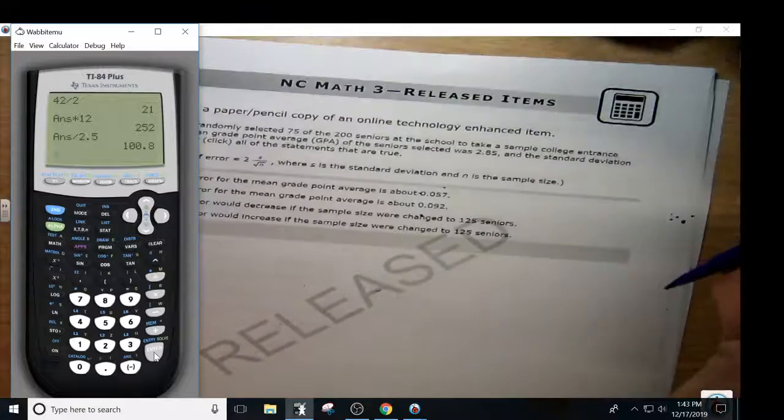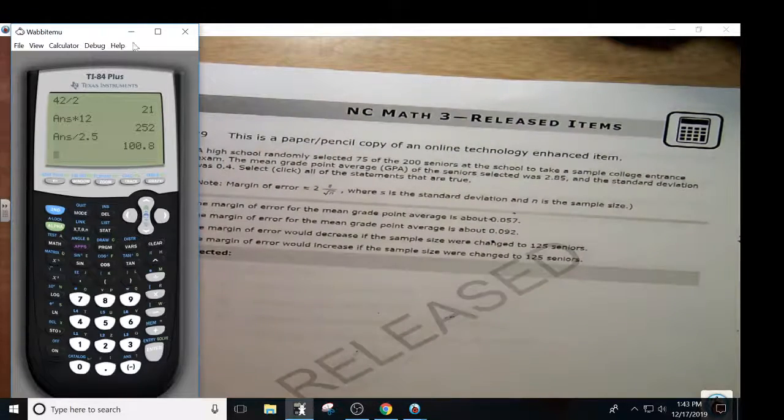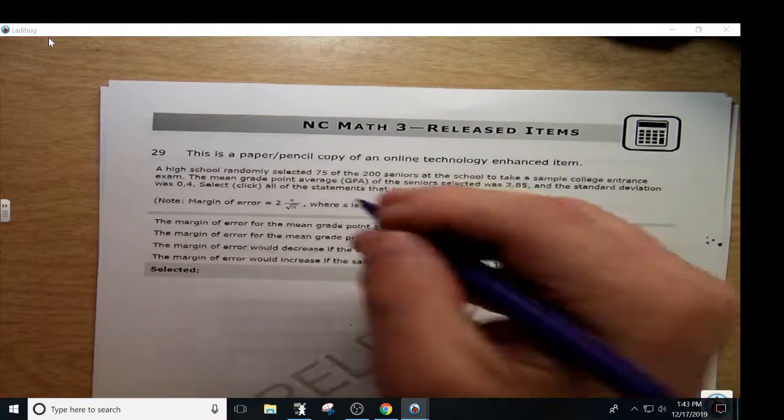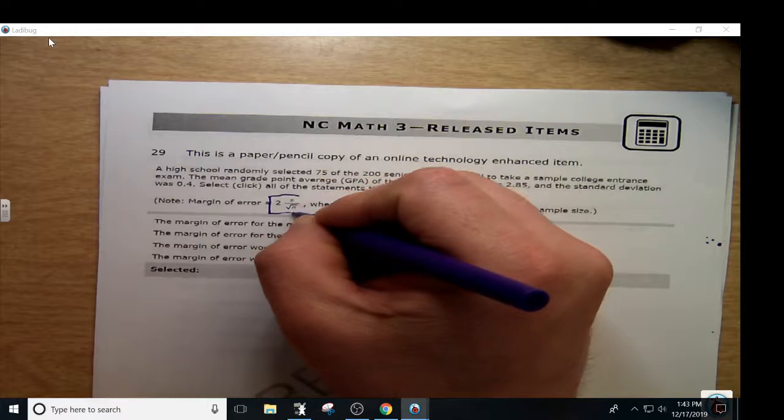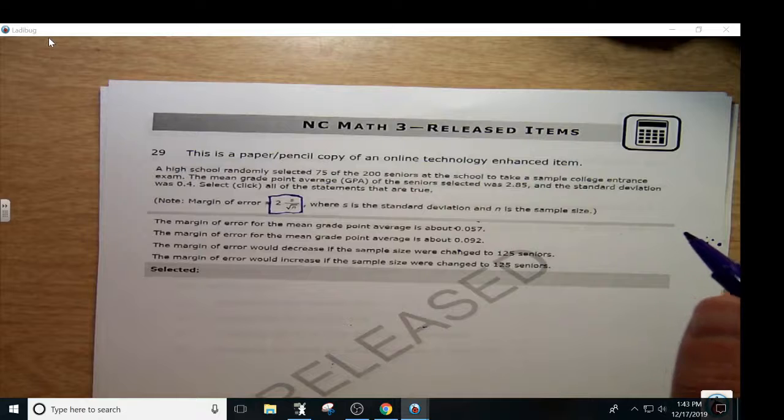Now, guys, this particular problem looks like it's talking about margin of error, but it gives you the formula. Notice this is your formula right here. This is one of these things I'm afraid somebody is going to skip because it just looks hard. Guys, this thing's not hard. You're given everything you need.